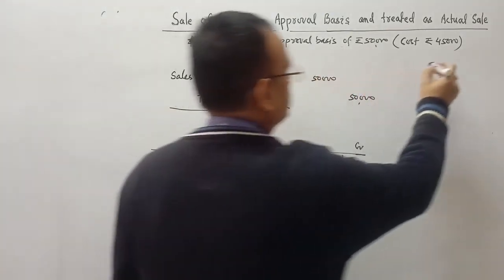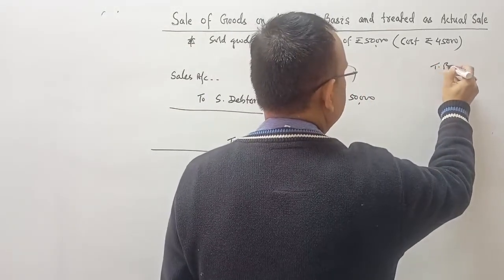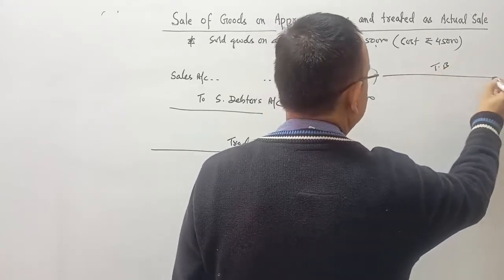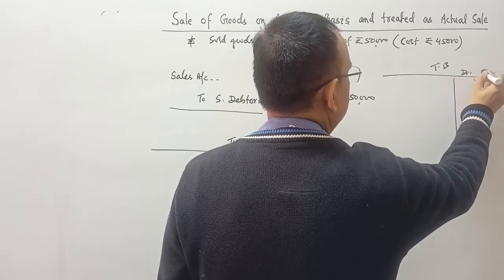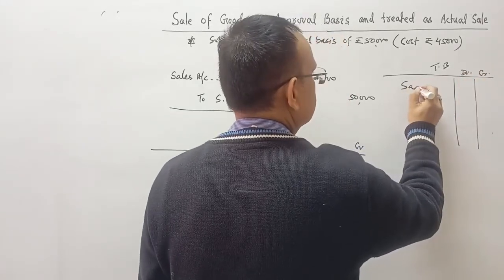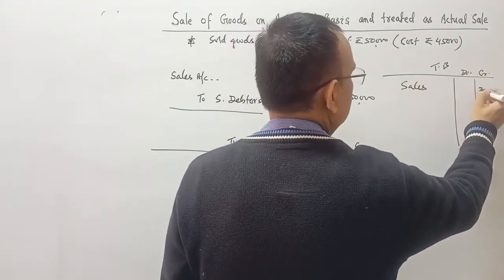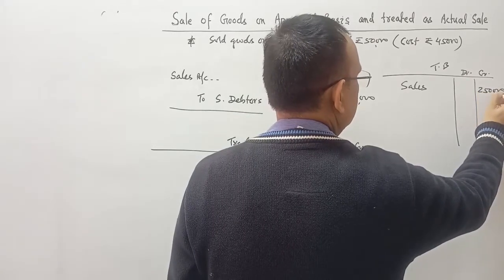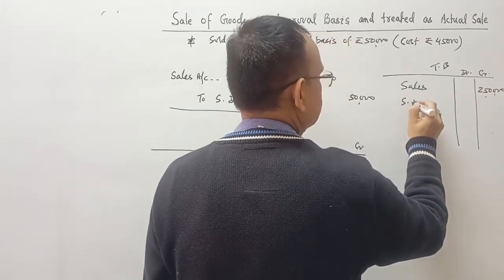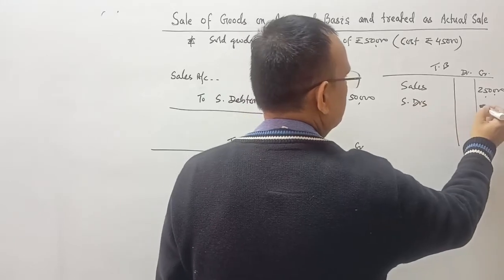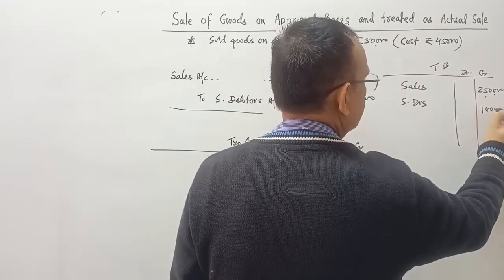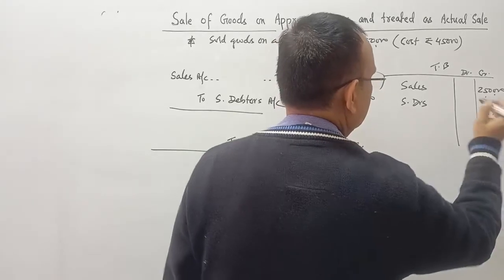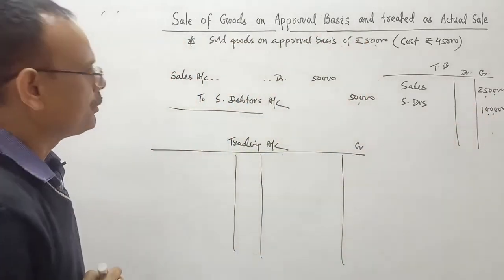Suppose in the trial balance, sales is 2,50,000, and sundry debtors is 1 lakh. Now what we will do?